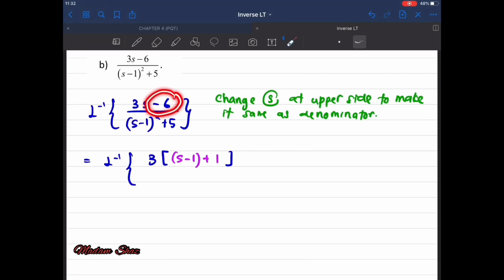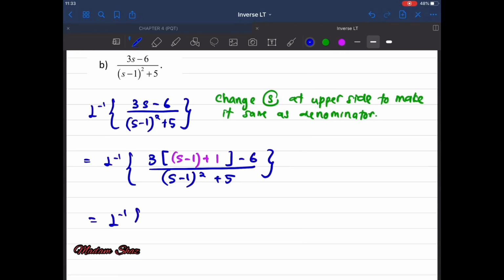So negative 6 here, we will write behind it, negative 6, and divide the whole thing by the same denominator, s minus 1 squared plus 5. For the previous example, you have learned that if you have any constant, you have to multiply the constant at the front of the bracket.